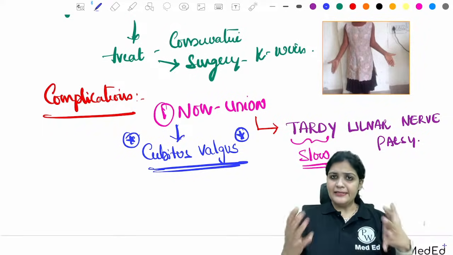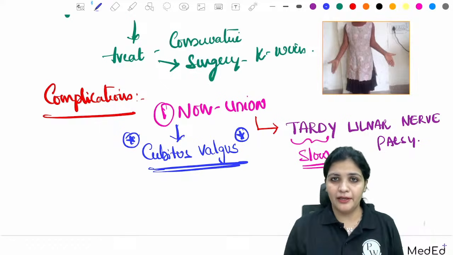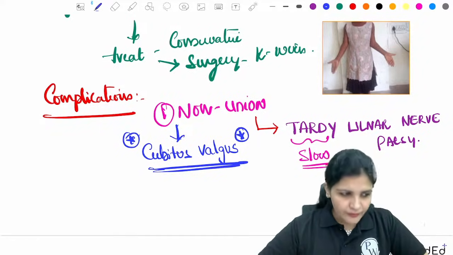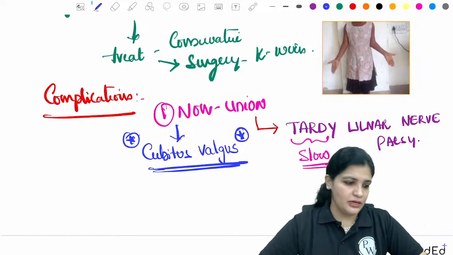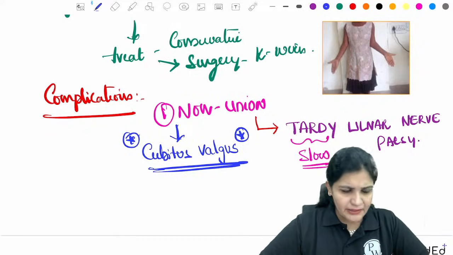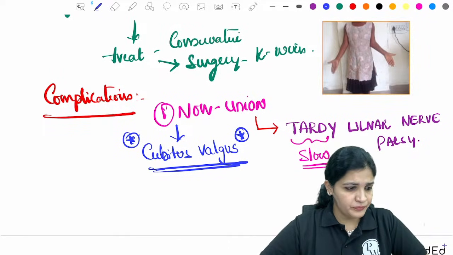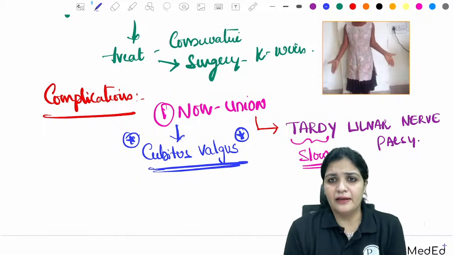Yes, Salter-Harris is mainly for predicting growth disturbances. What do you mean by accurately? It will tell you whether this particular patient will end up with growth disturbance or not. Yes, it will predict. But accurately means, do you mean 100%? Anything in medicine we can't guarantee, right?